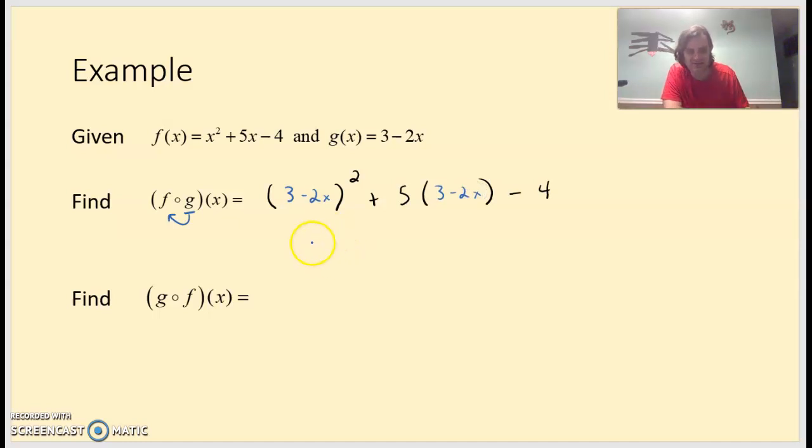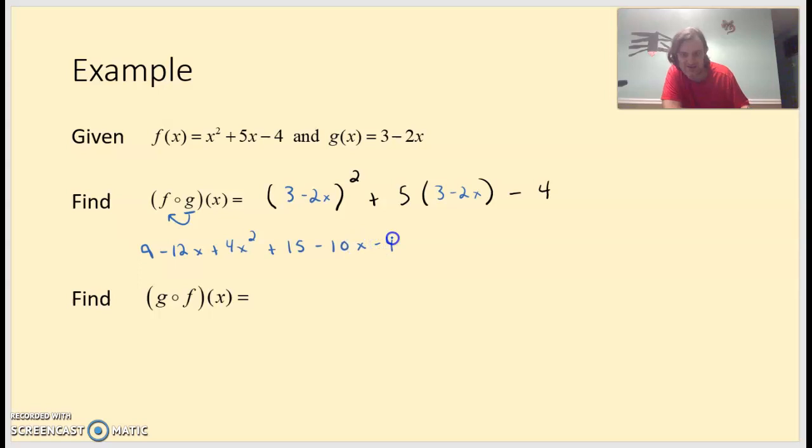And I guess we have time to clean this up if we like. We don't necessarily have to clean it up, but let's see. If we square 3 minus 2x, we'll get 9 minus 12x plus 4x squared. I'm going to take a moment to make sure I didn't mess that up. I feel confident. I'm going to distribute the 5 through the 3 minus 2x, so plus 15 minus 10x.